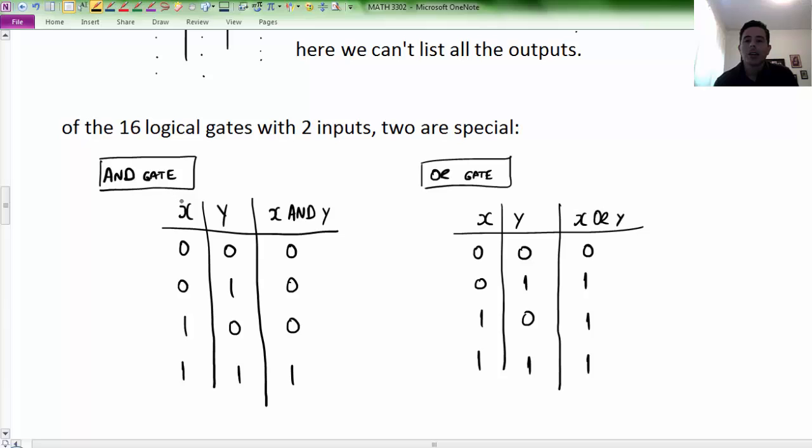But of those 16 gates or Boolean functions, we're going to look at 2 of them that are very special. The first one is the AND gate. The AND gate is defined this way. Again, there is no formula. It's the truth table, or it's this diagram here that shows the outputs. So the AND gate works this way. If you have 0, 0, the output is 0. If one of the inputs is 0, then the output is 0.